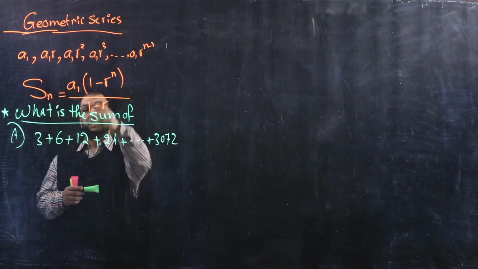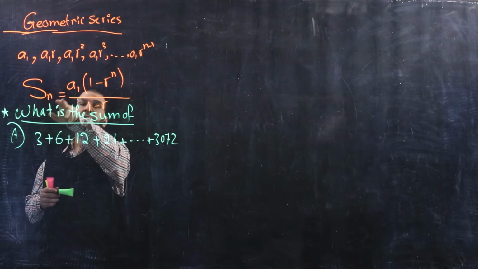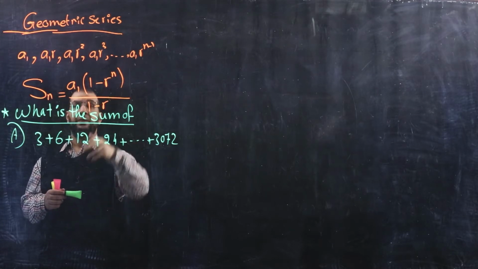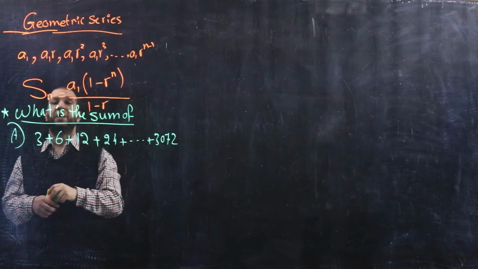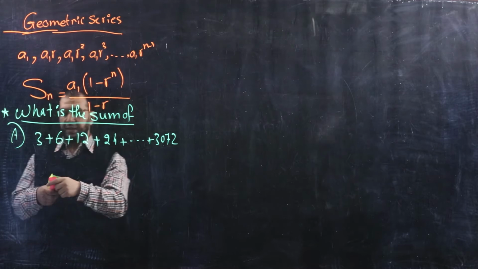Let's get back to the rule. We have S sub n equals a sub 1, 1 minus r to exponent n, all over 1 minus r. What is the sum of this?